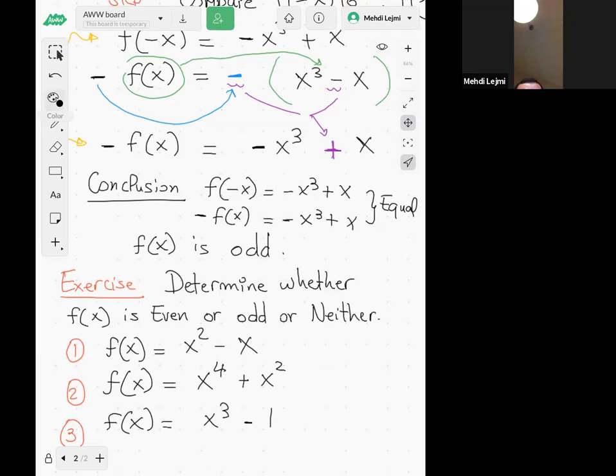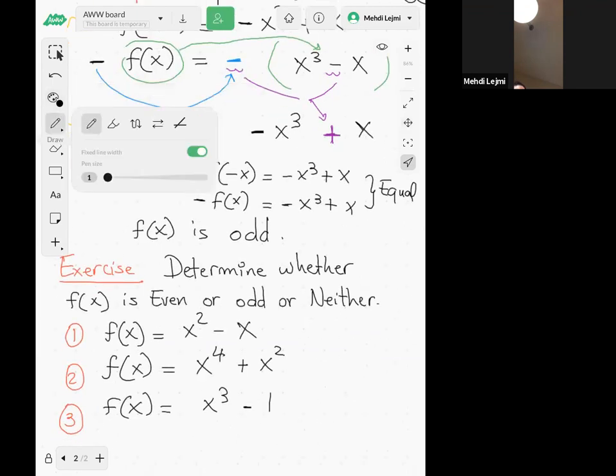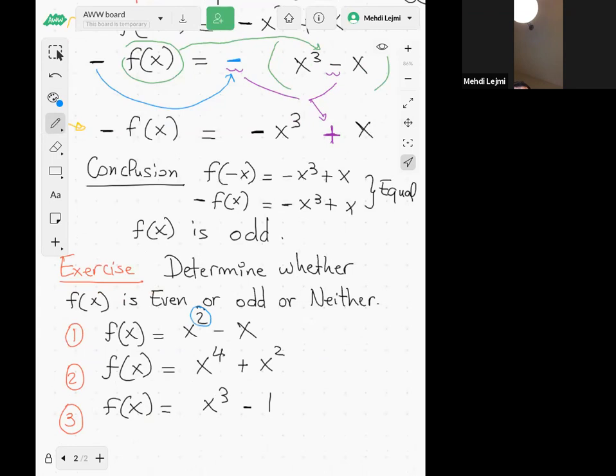So if you check the powers of x in number one, we have an even power, x squared, and there's x, which means x to the power one. So in number one, you have an even power and you have an odd power.